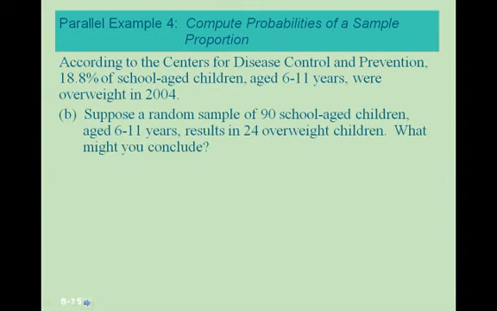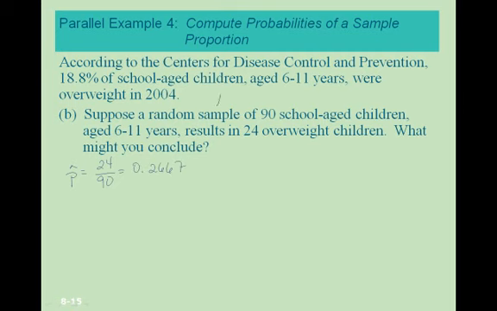In B, suppose a random sample of 90 school-aged children aged 6 to 11 years results in 24 overweight children. What might you conclude? So p hat is equal to 24 out of our 90 children, or 0.2667.